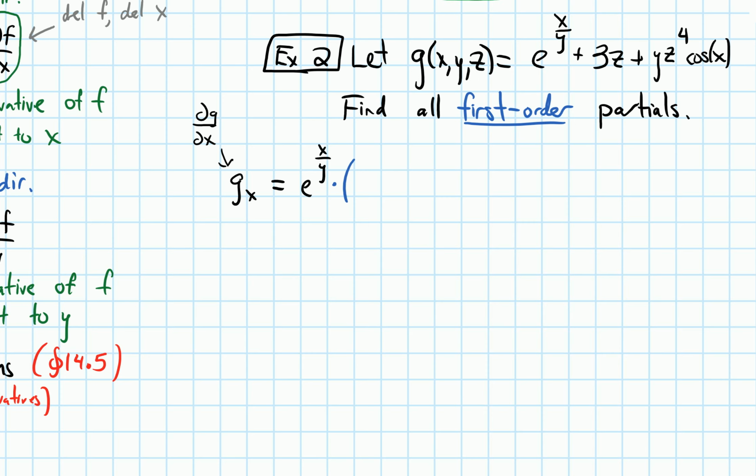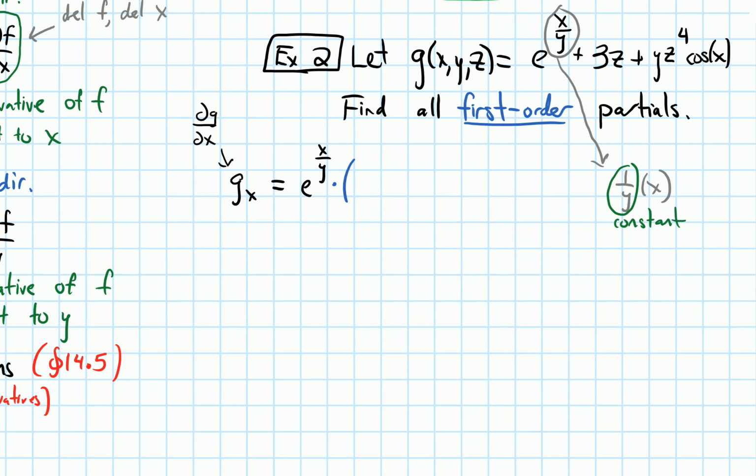Okay, so to take the derivative of the exponent, because I'm taking the partial with respect to x, that means we're treating y as a constant. So I could move the y in front of this and get 1 over y times x. And when I'm doing this, I'm thinking of the 1 over y as a constant.